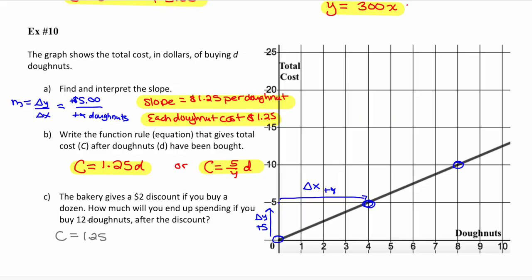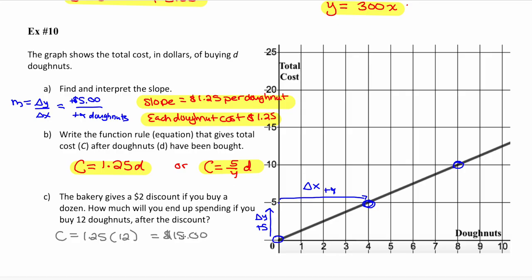If we buy 12 donuts, we're going to plug in 12 for D. Again, you can use the 5/4 or the 1.25. If I were to simplify this, we would get that cost is equal to $15.